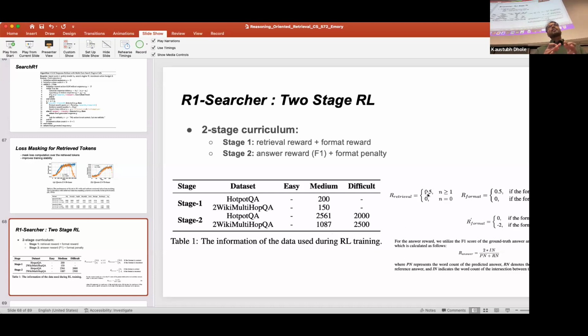And if the format of the reasoning tokens is appropriate, then you get a reward of 1. Only in the second stage, they remove the retrieval reward, and here they just give the reward to the final answer. So essentially, in the first stage, you're teaching the model to perform retrieval, and in the second stage, you're teaching the model to do that retrieval in order to get the correct answer.